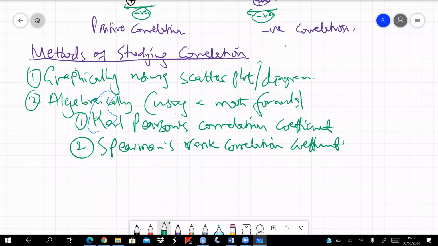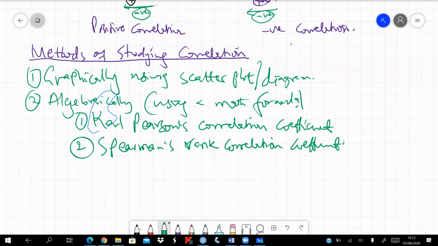Let's briefly look at the graphical method of studying correlation. The graphical method is a very subjective way; it gives a very subjective answer to the question of correlation. But it's always a good starting point when you're analyzing data. You plot the data, then you have some idea about the kind of relationship.